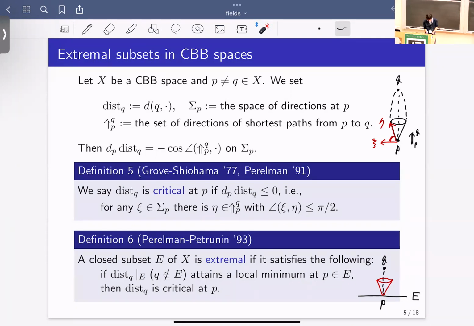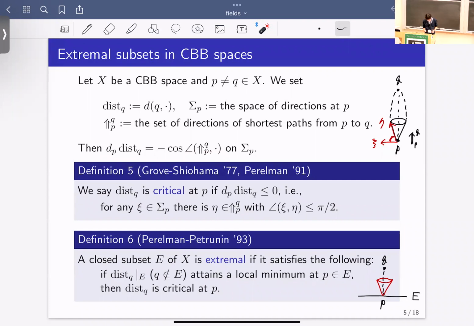Suppose you have points P and Q in a CBB space X. We denote by dist_Q the distance function from Q, and by Σ_P the space of directions at P. We also use this arrow to denote the set of directions of shortest paths from P to Q. Then the first variation formula says that the directional derivative of dist_Q at P is given by minus cosine of the minimal angle with this set.